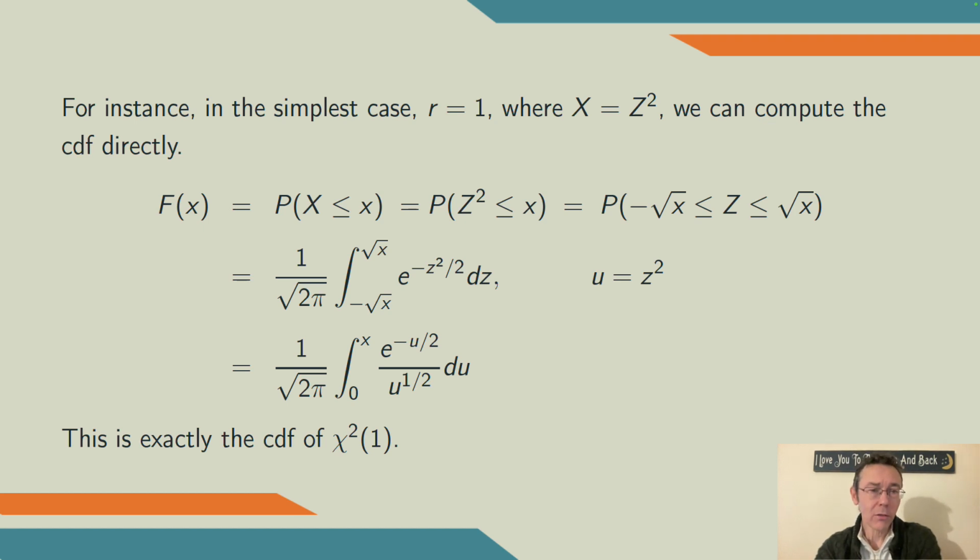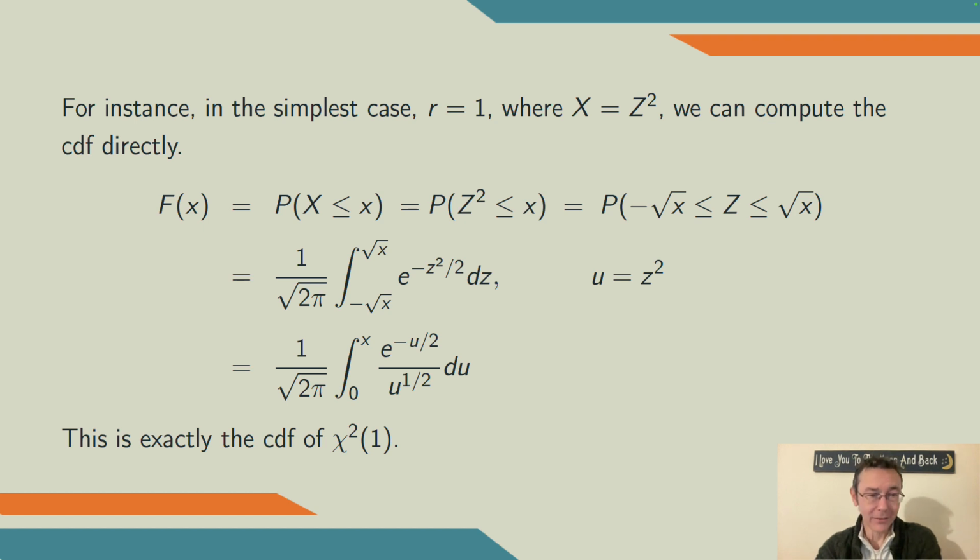I'm going to flash the proof for the simplest case, r equals 1, so the random variable x is just the square of a z-score, because I think this proof illustrates some really important techniques that you may use in your statistical work, but I don't want to dwell on it here. Whenever we're trying to understand a random variable, we start with a CDF, the probability that x is less than or equal to a specified value, little x.